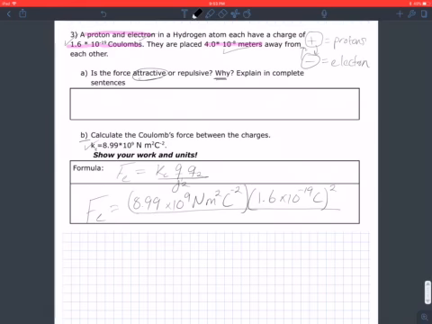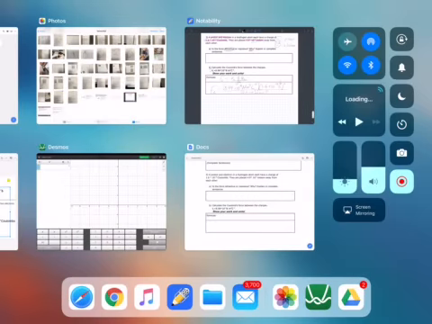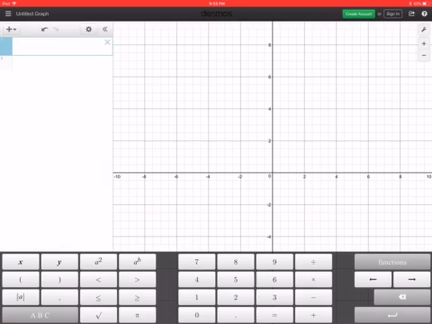And just if you don't remember, coulomb is the unit of charge. So they are placed 4.0 times 10 to the negative 8 meters. But we have to make sure and square that.